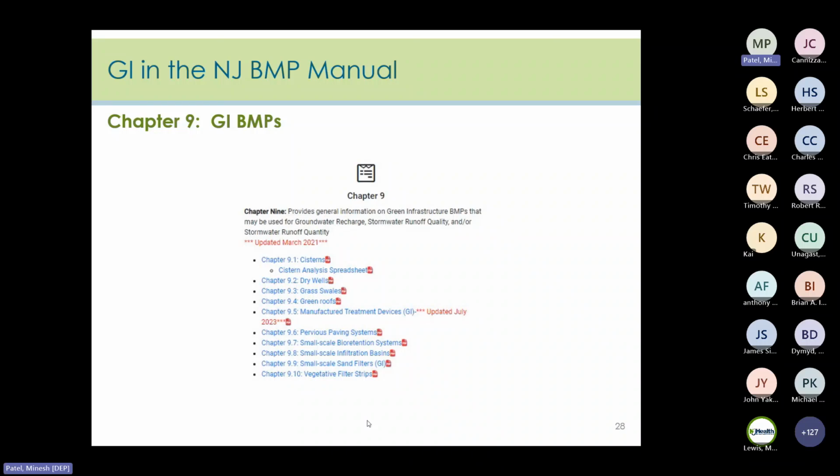and stormwater runoff quality. Subsection 5.2 of the rules includes 3 tables, and they list those BMPs that may be used to meet the design and performance standards. The tables found there specify information on how each BMP may be used. And Table 5.1 coincides with Chapter 9 of the BMP manual, which are the GI BMPs.